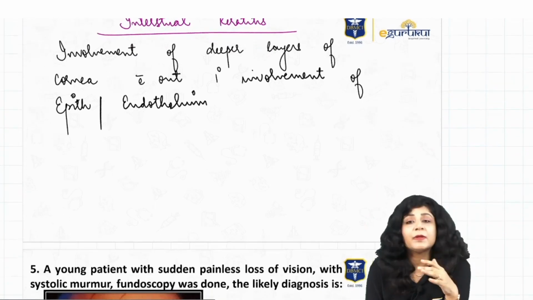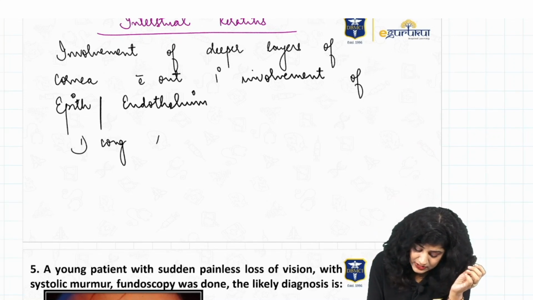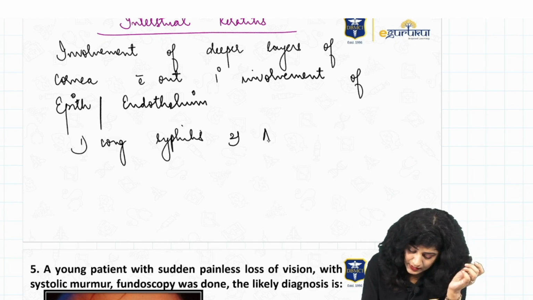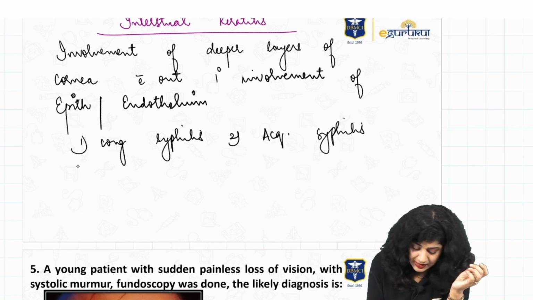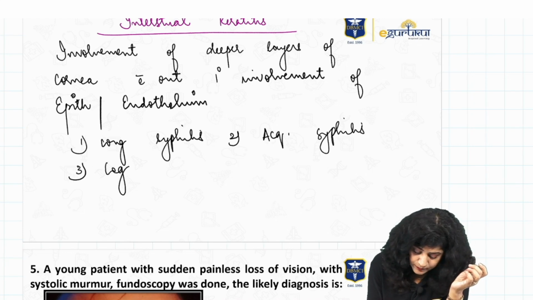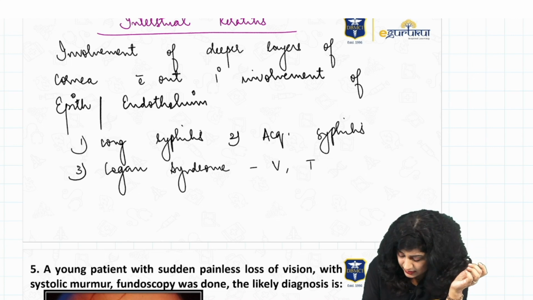So, we have many causes of this interstitial keratitis. It could be congenital syphilis, and it could also be acquired syphilis, right? Then we can have Cogan syndrome, where you get vertigo, tinnitus, and deafness.